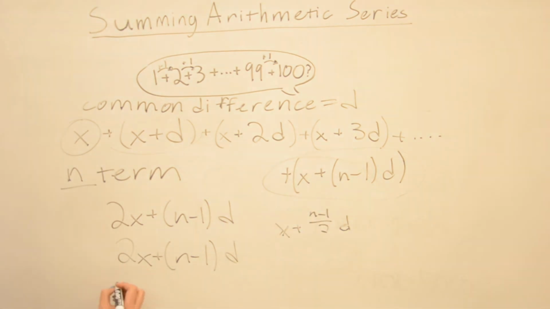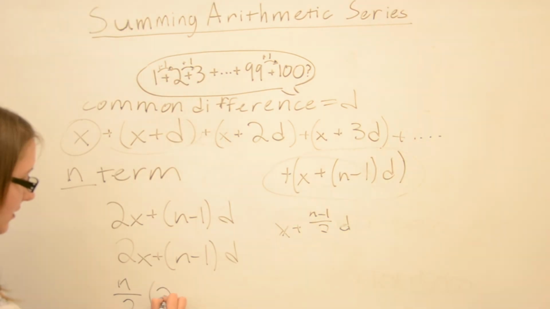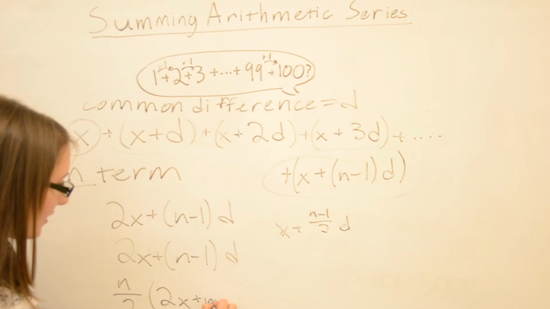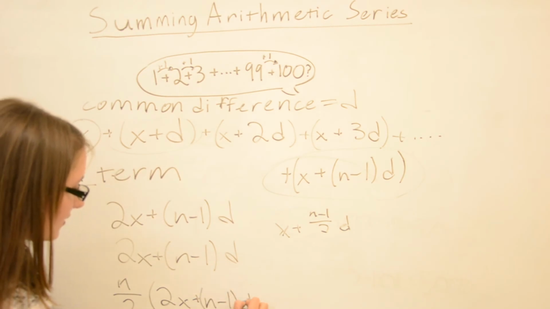So in general, the sum is n divided by 2, which will be the number of pairs, or else the number of pairs plus that leftover half, times 2x plus n minus 1 d.